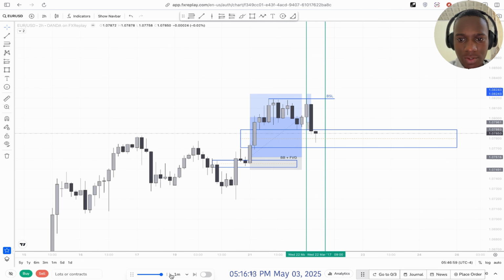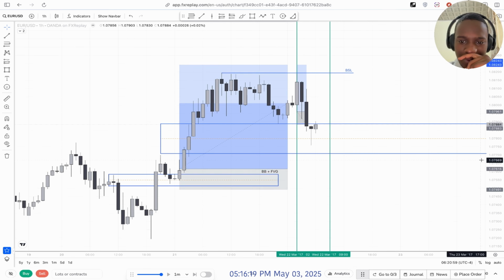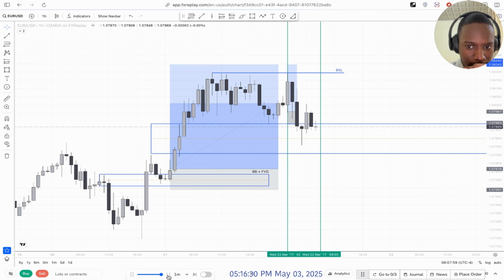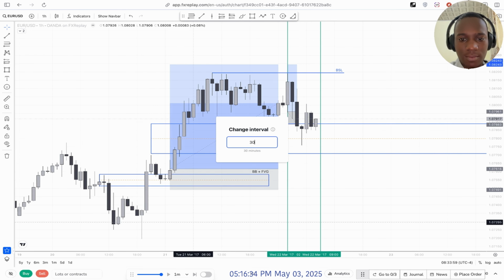So it continued dropping and showing signs of indecision. When I go to the 1 hour, you can see it starting to react, trying to go higher. Okay, so we go to 30 minutes now.